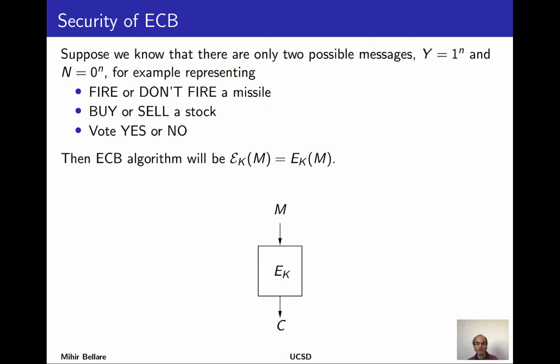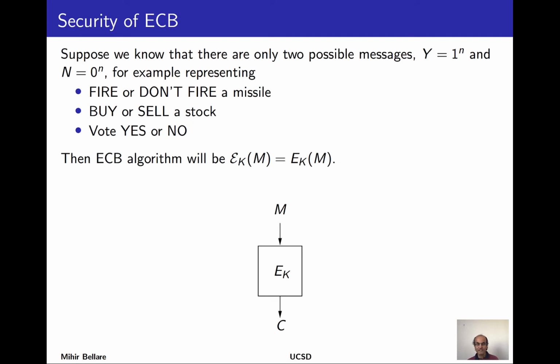Maybe there's a command to do or not do something, buy or sell something, or simply a vote, yes or no on some proposition. Everybody, including the adversary, knows that the messages have this format. But whether it's yes or no is something we want to hide. It's crucially important. And our claim will be that electronic codebook mode fails to hide this. And so let's see why.